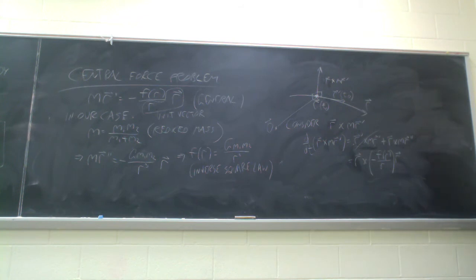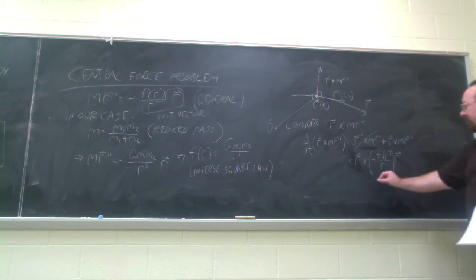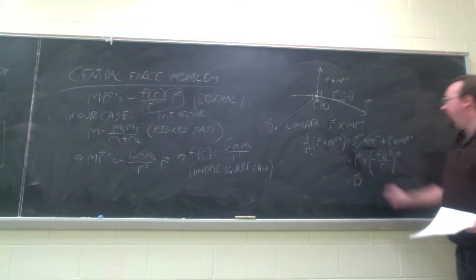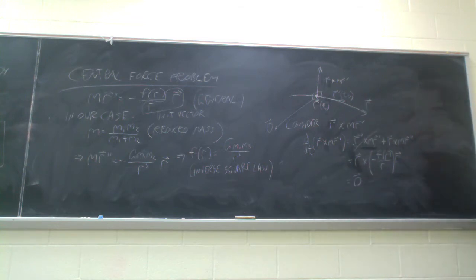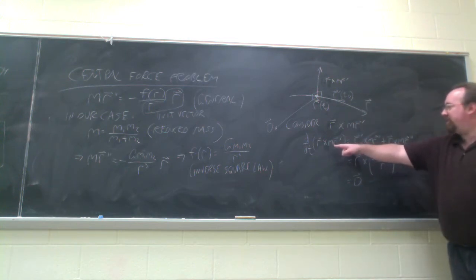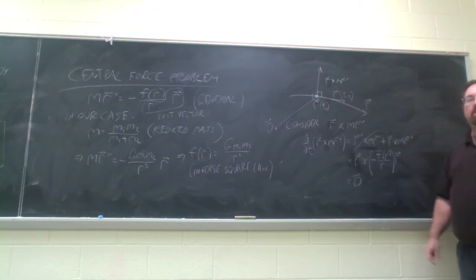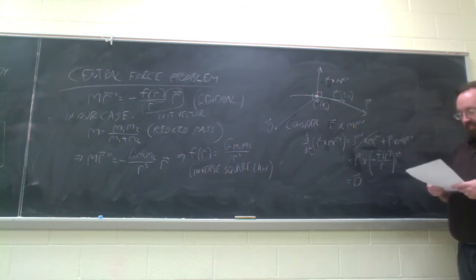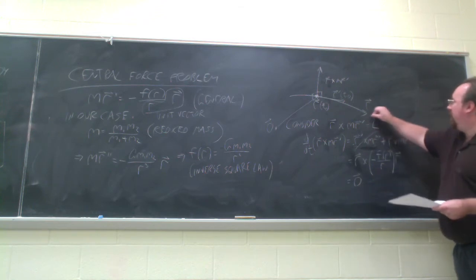Well, once again, you have a cross product of two vectors that are parallel, so that is also 0. So what that means is the derivative with respect to time of this vector is 0, therefore the vector itself is a constant vector. And I'll call that vector L.